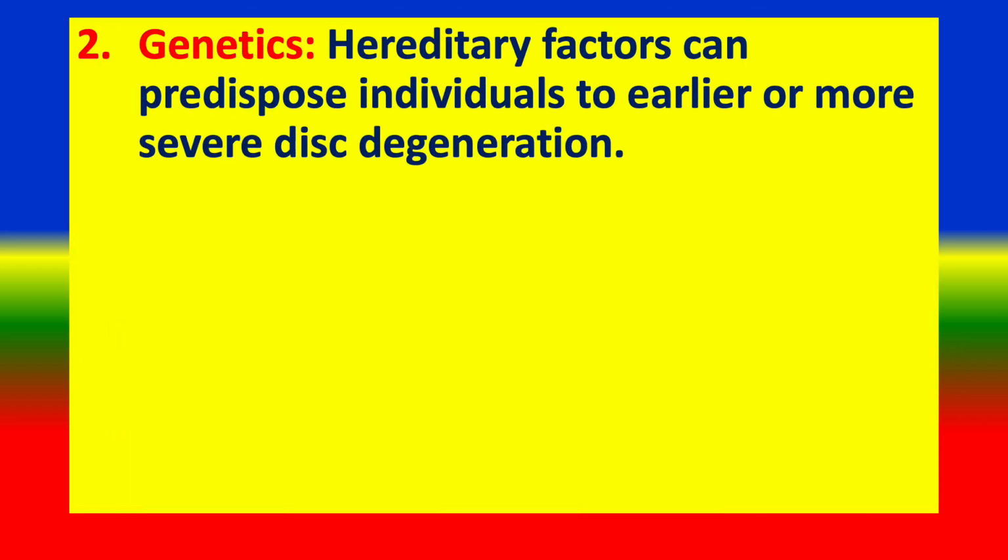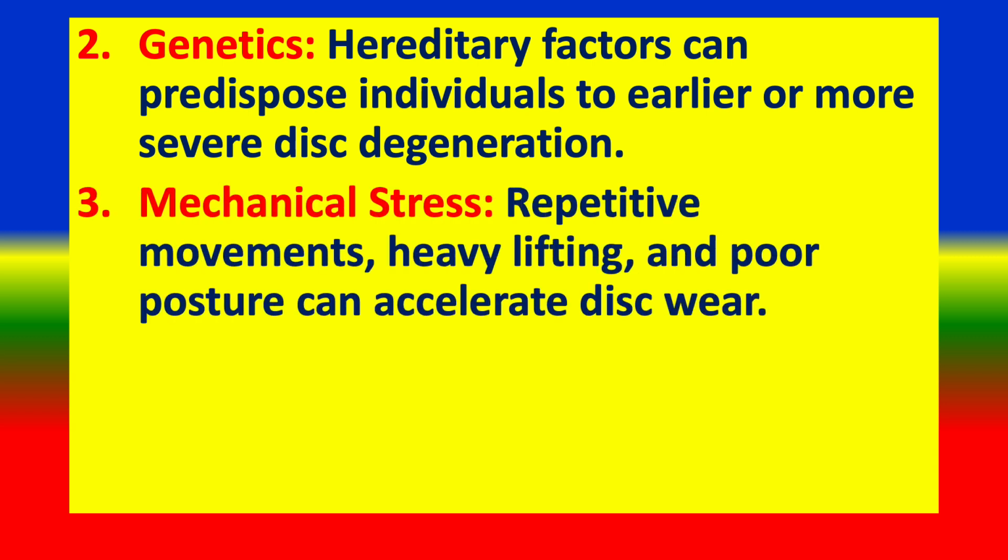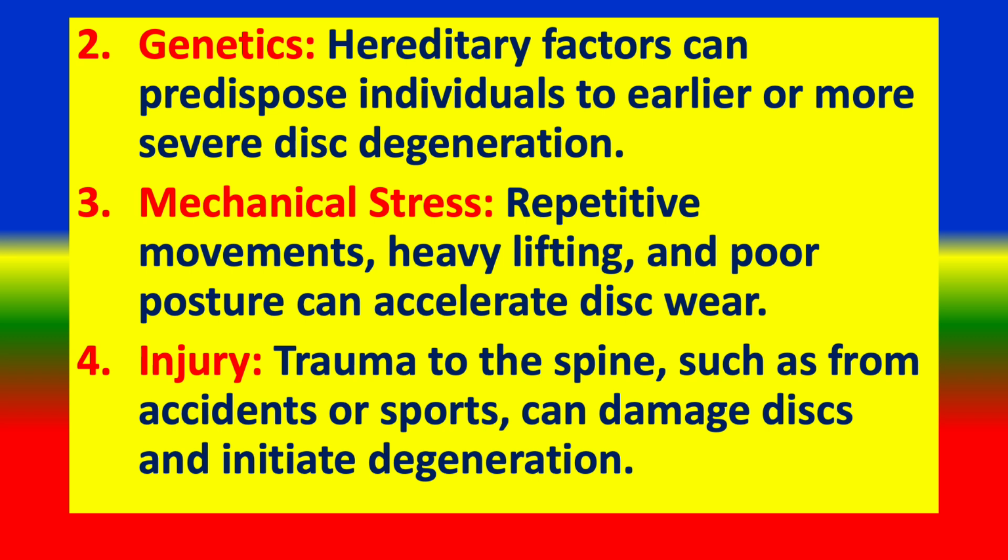Hereditary factors can predispose individuals to earlier or more severe disc degeneration. 3, mechanical stress. Repetitive movements, heavy lifting and poor posture can accelerate disc wear. 4, injury. Trauma to the spine, such as from accidents or sports, can damage the disc and initiate degeneration.